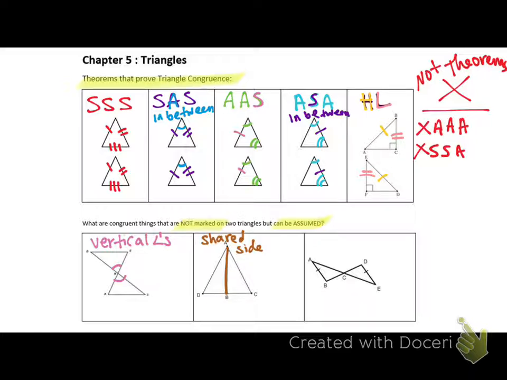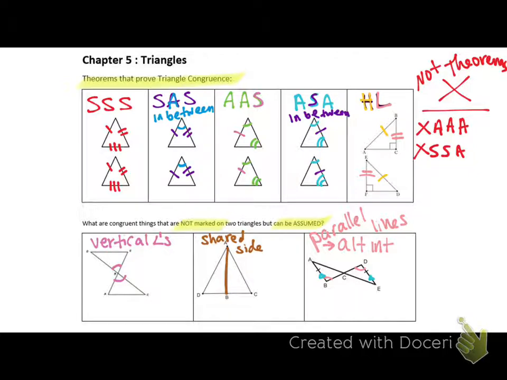This last one is supposed to be parallel. This one pertains to honors only. I'm recording if you didn't know. But alternate interior exists if you have parallel lines. So if you have parallel lines, I marked it in blue.